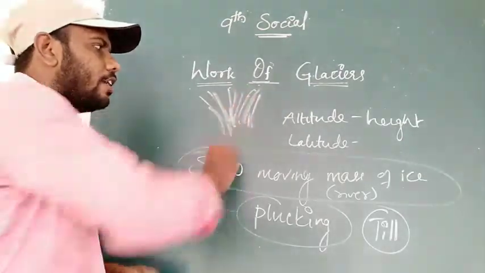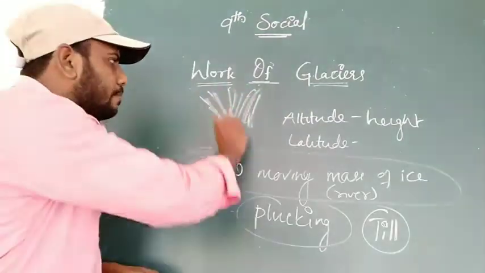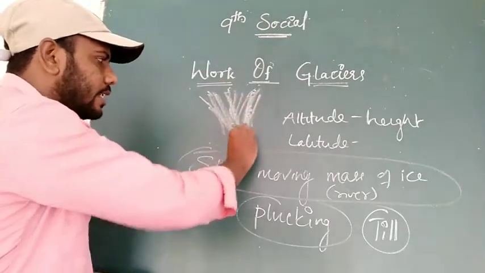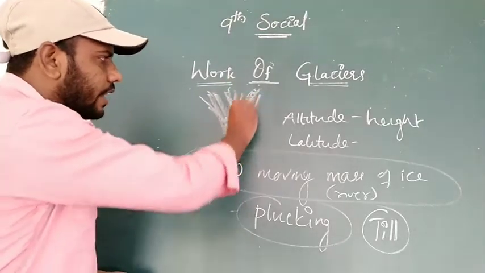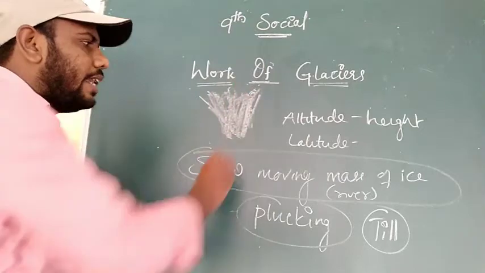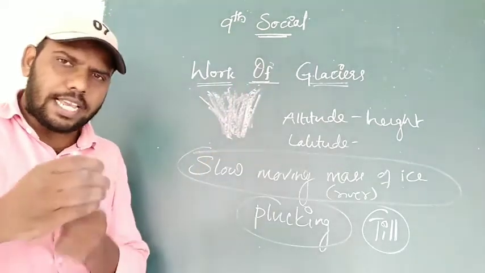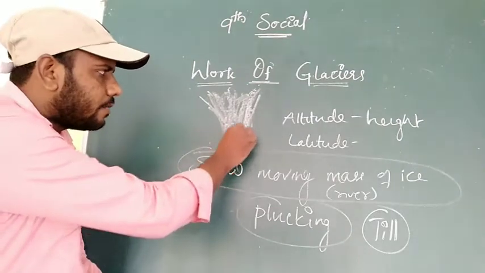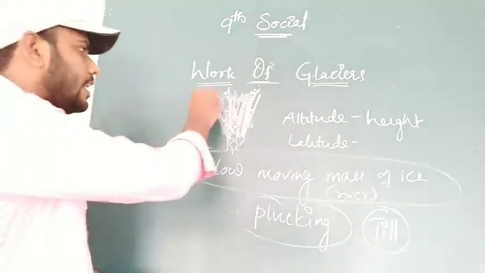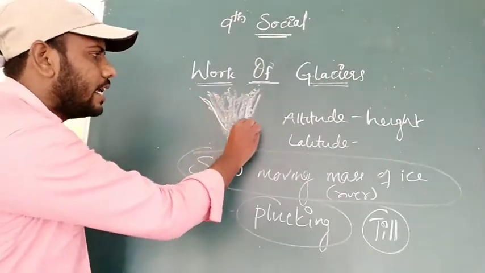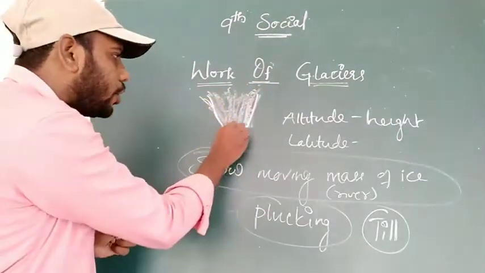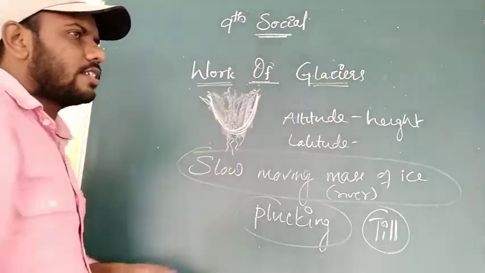Glaciers are not like water, they are bigger. So it brings down material, and when the glacier slowly starts to melt, you can observe there is one shape, not V, but looks somewhat like U.